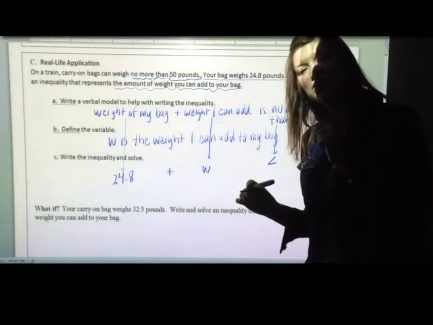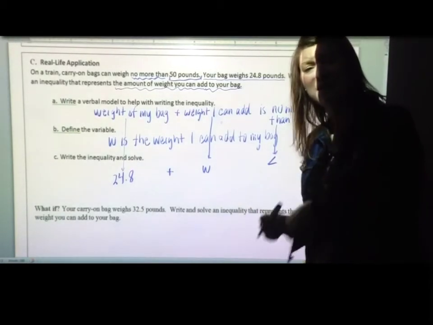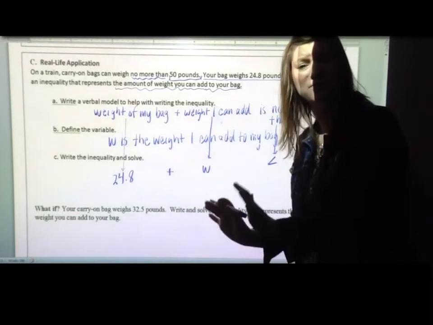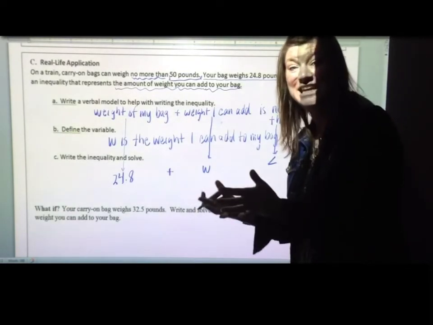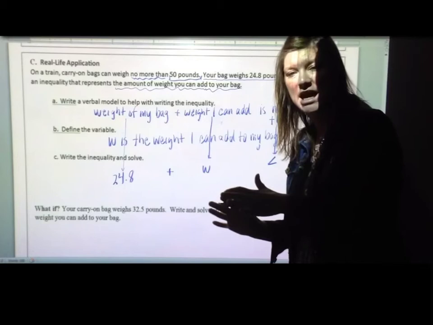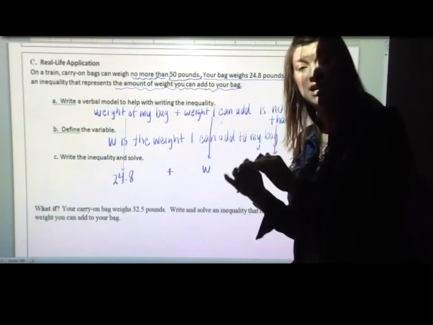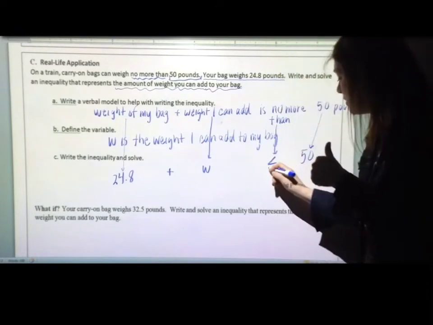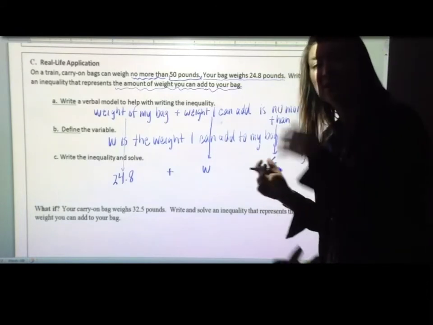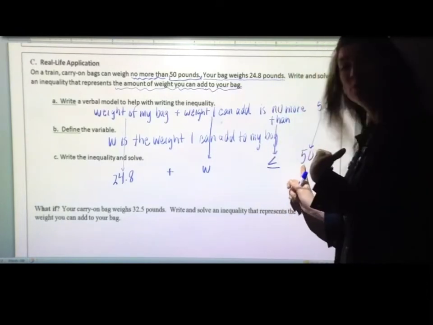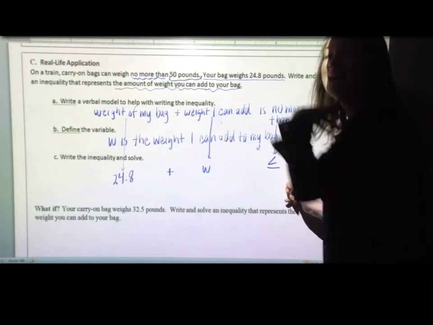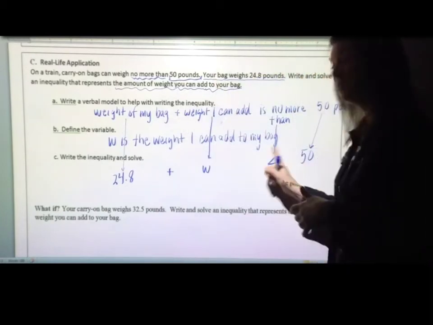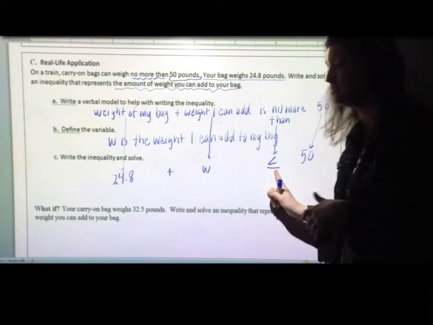But can I actually bring 50 pounds with me? If the train weighed my bag and it was a perfect 50.0, can I take it? Or does it have to be like 49.9? In this case, no more than means I can come on with 50 pounds. So I have to put that equal to bar underneath. You're allowed to be equal to 50 pounds or less than that. And that's what that less than or equal to symbol means.